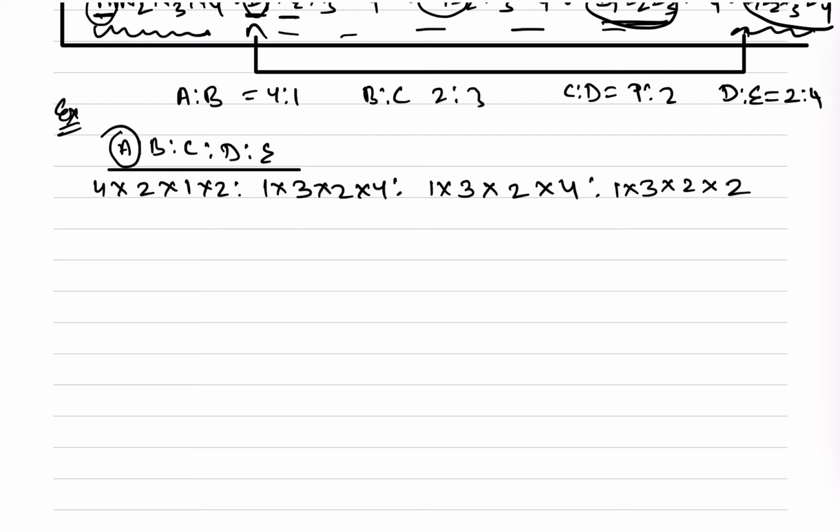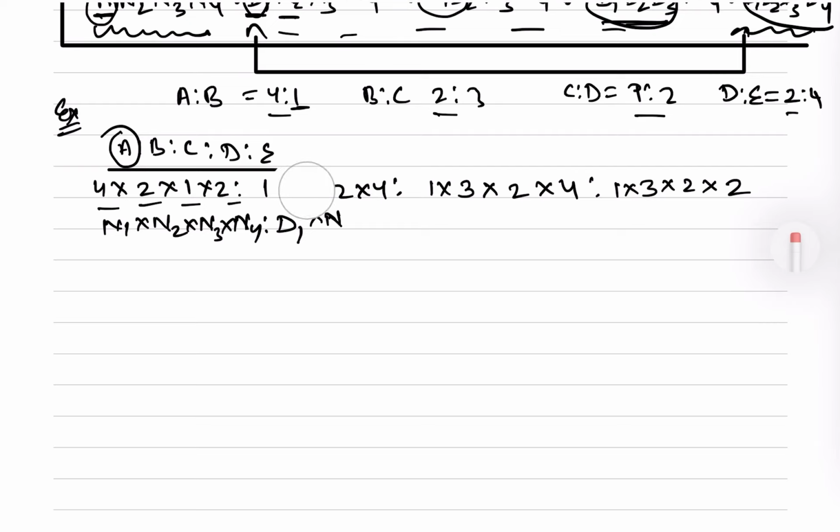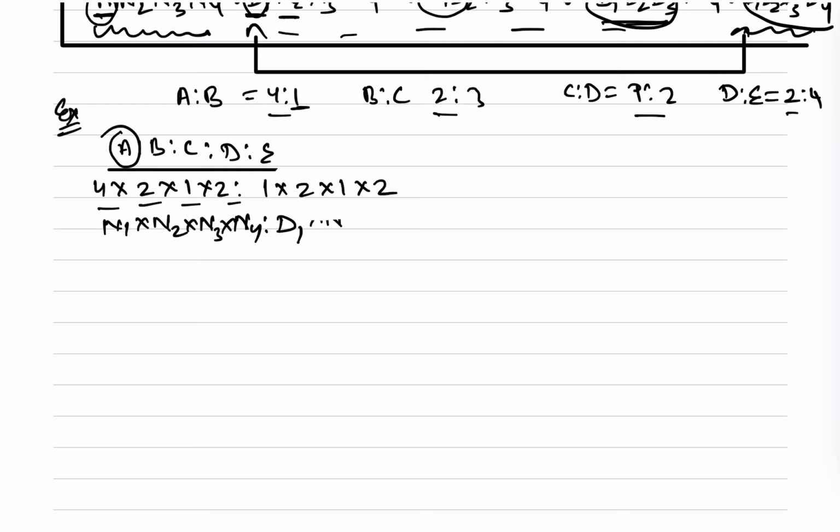So it's right: 4, 2, 1, 2, all numerators n1, n2, n3, n4. For your sake, I'm writing it here. Then d1, so sorry, yes, here we went wrong. It will be 1 into 2 into 1 into 2.